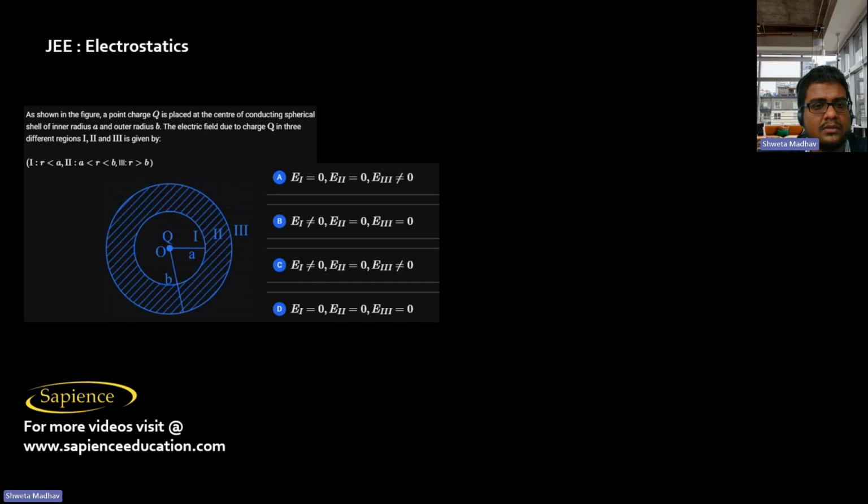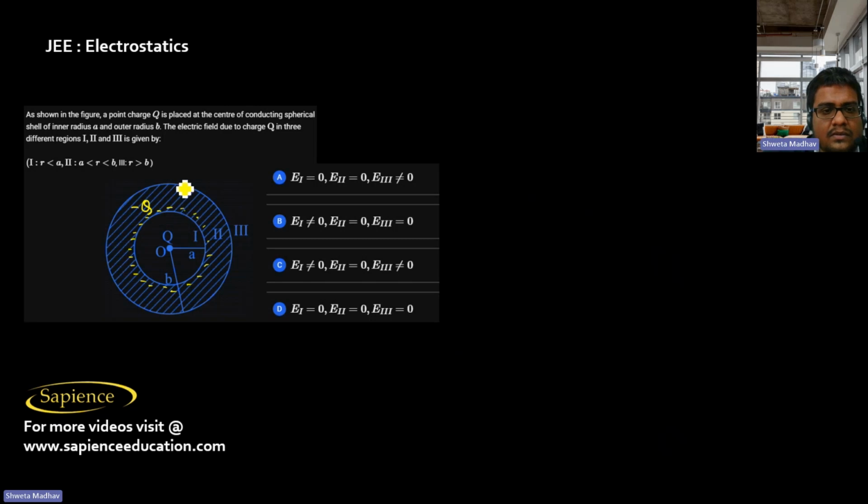Here it is told, as shown in the figure, a point charge Q is placed at the center of a conducting spherical shell of inner radius A and outer radius B. The electric field due to charge Q in three different regions 1, 2, and 3 is given by. This charge Q will induce a negative charge minus Q on the inner surface of the shell.